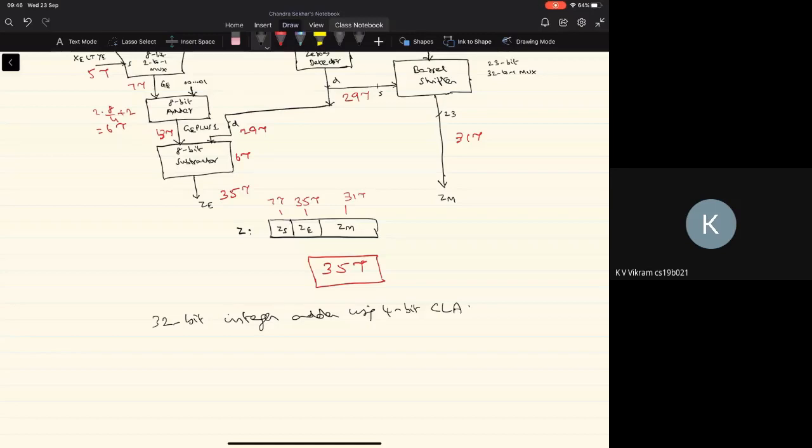Then we know the delay of the circuit is, if you want to add a subtractor, it will be plus 1, so it will be 19 tau.